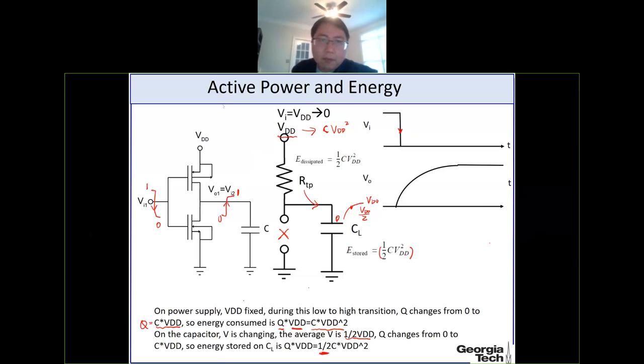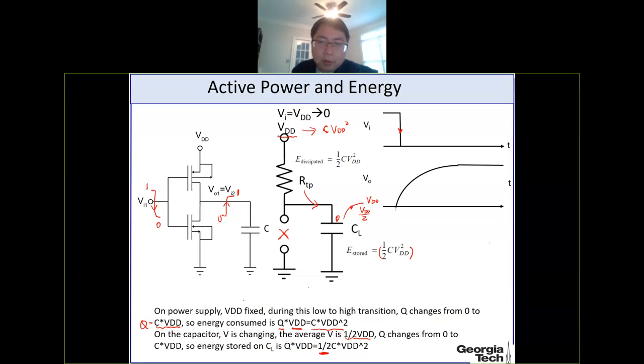So then for the first part, the active power and energy. Here we consider a clock half cycle for this inverter, where the input is switching from high to low, and then the output, of course, will switch from low to high with this kind of waveform. This is due to the RC delay, as we discussed before. So if you think about the power in this 1 to 0 transition in the input, the output is a 0 to 1 transition.